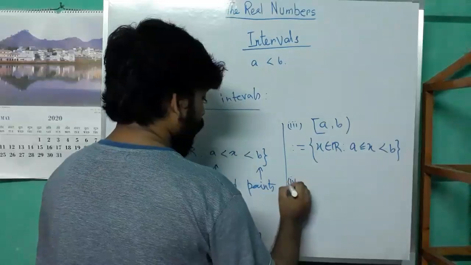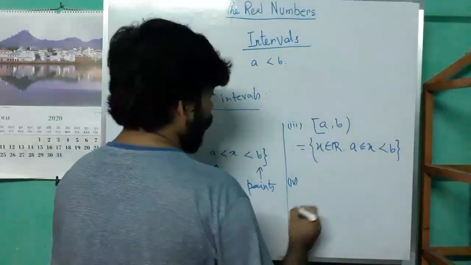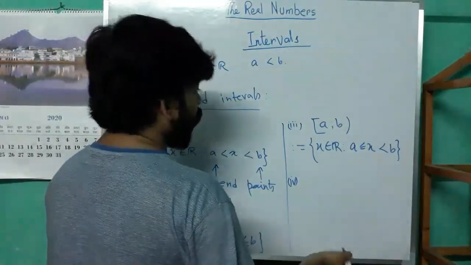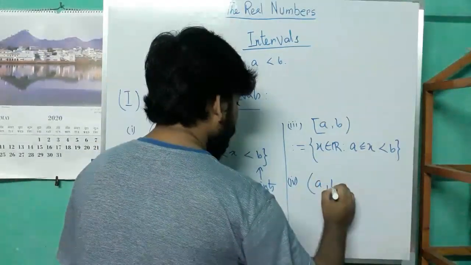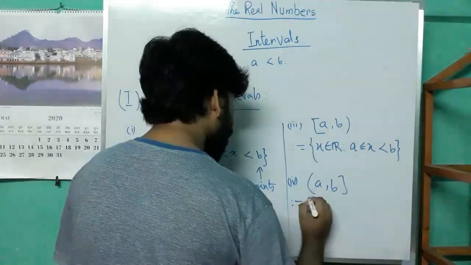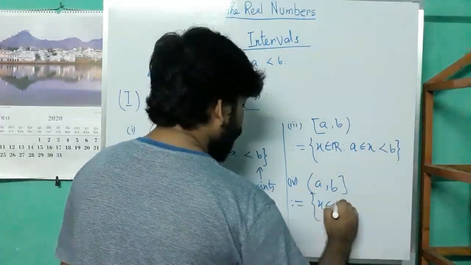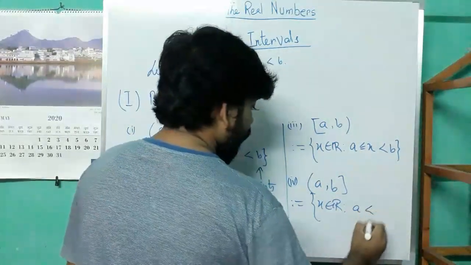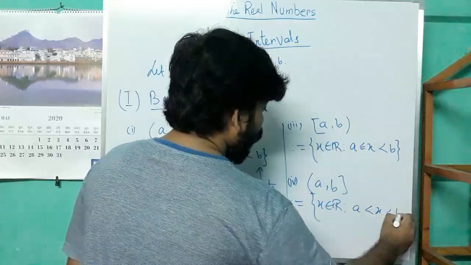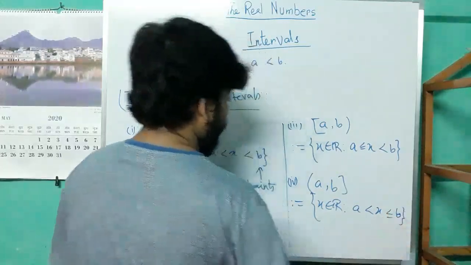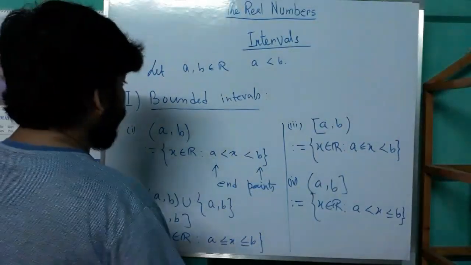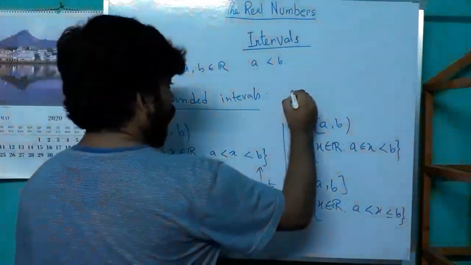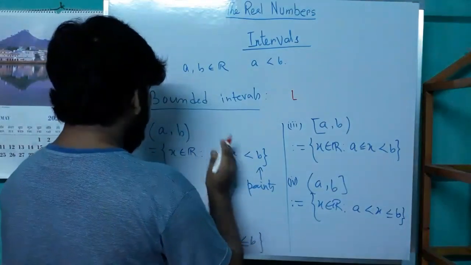Next we define another one: this is the set of all real numbers such that a is strictly less than x and less than or equal to b.